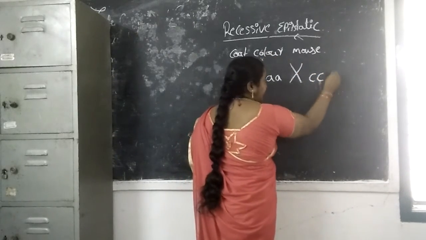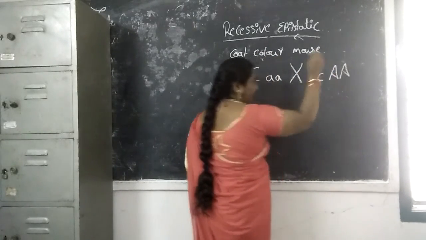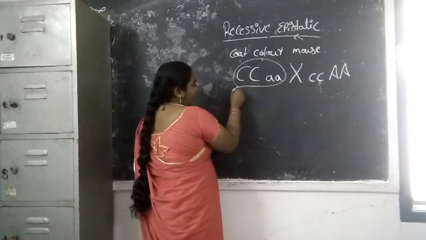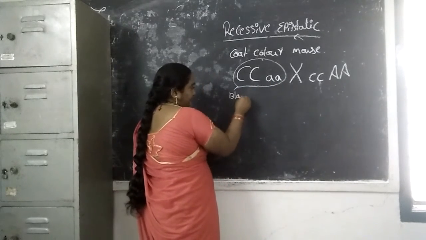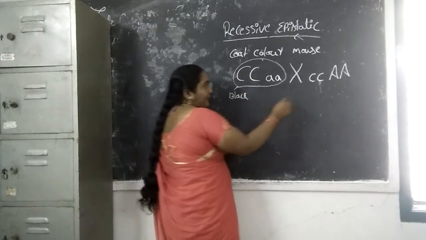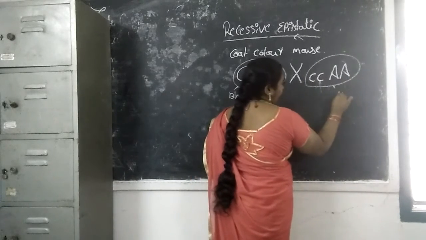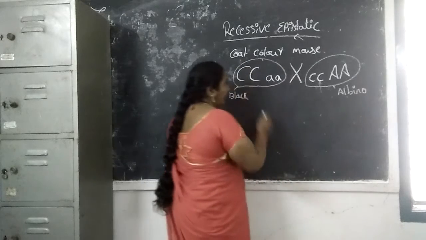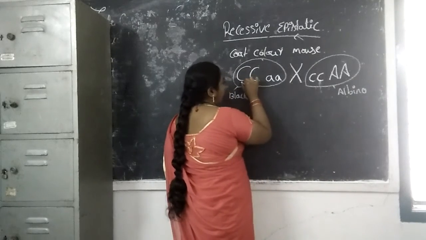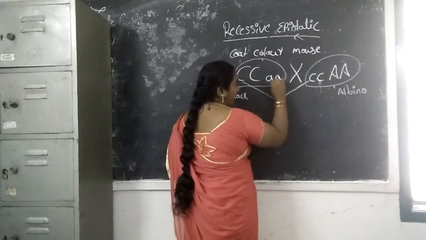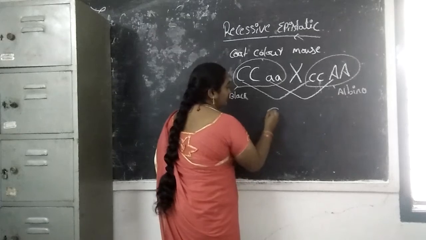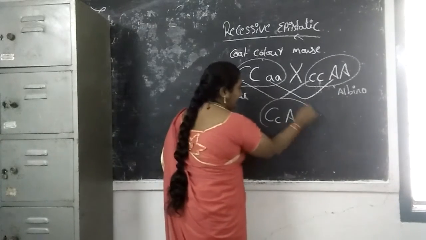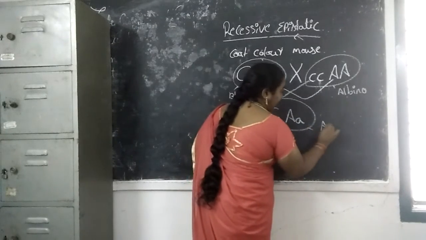Small c, capital A, capital A is represented by black. Albino is crossed with capital C, capital A, small a, which is also called agouti.